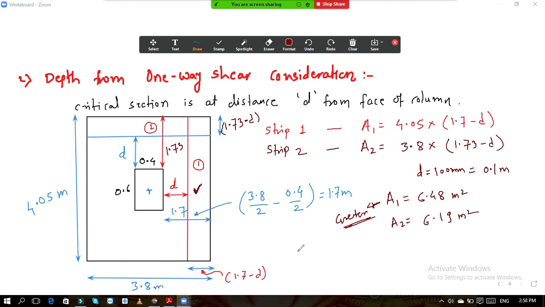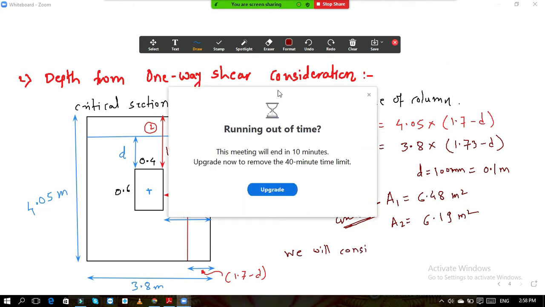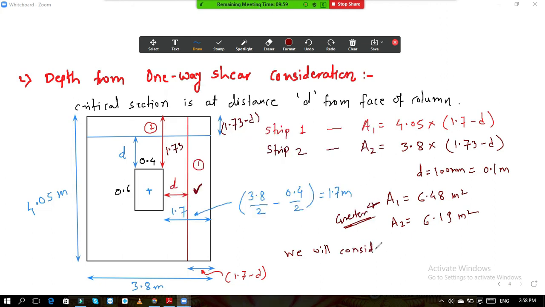Okay, so here you can write that we will consider strip 1 of area, what is the area of strip 1? 4.05 into 1.7 minus d.